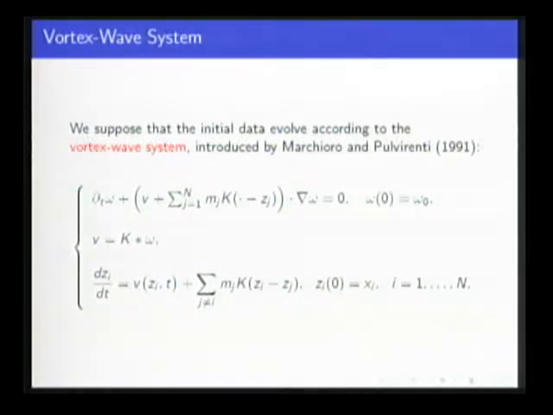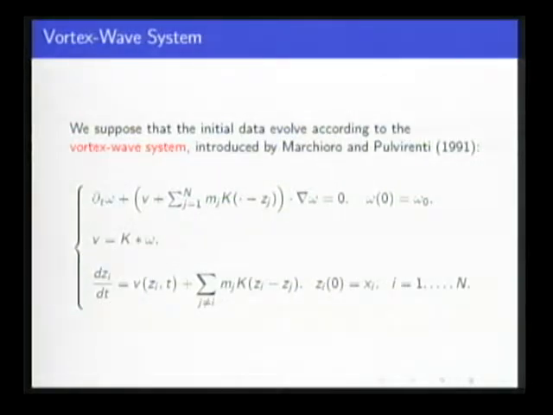This model separates the evolution of the background vorticity omega, which evolves by the Euler equation, from the evolution of my point vortices zi, which evolve through the point vortex system, and these two equations are coupled by means of the Biot-Savart law.